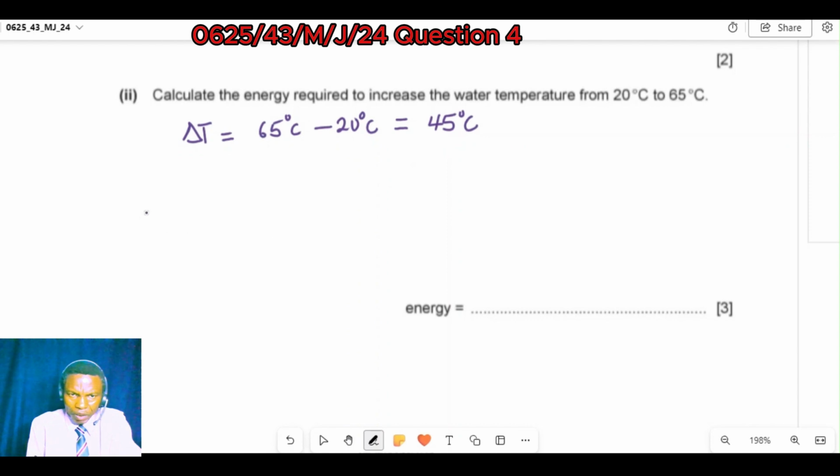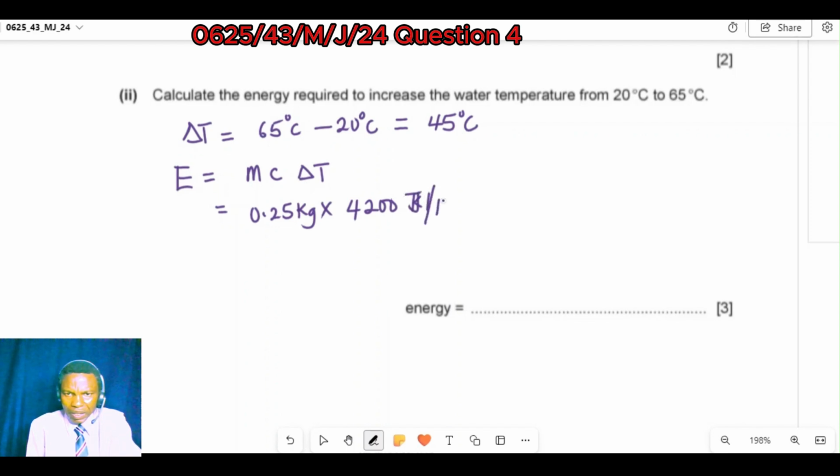And then the heat absorbed by water is equal to the mass times specific heat capacity multiplied by temperature rise, which is equal to 0.25 kg times 4,200 joule per kilogram per degree Celsius, times 45 degrees Celsius.